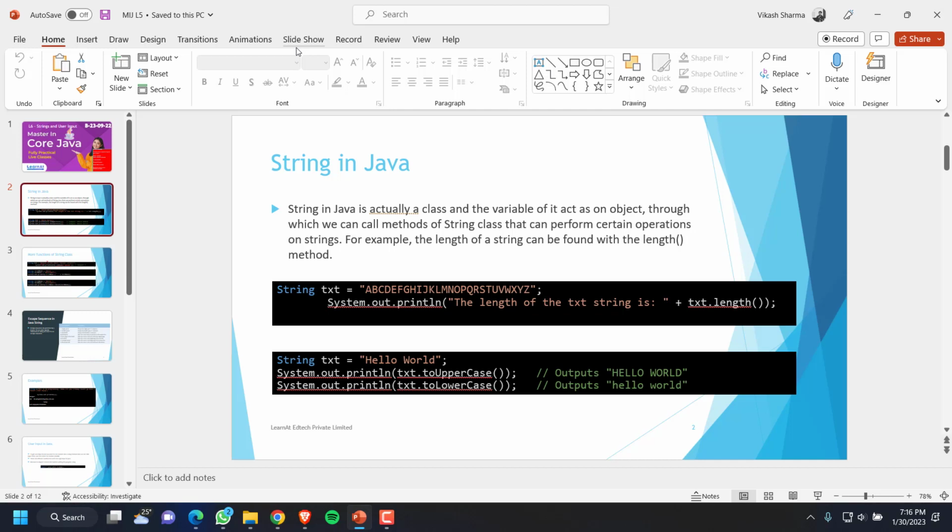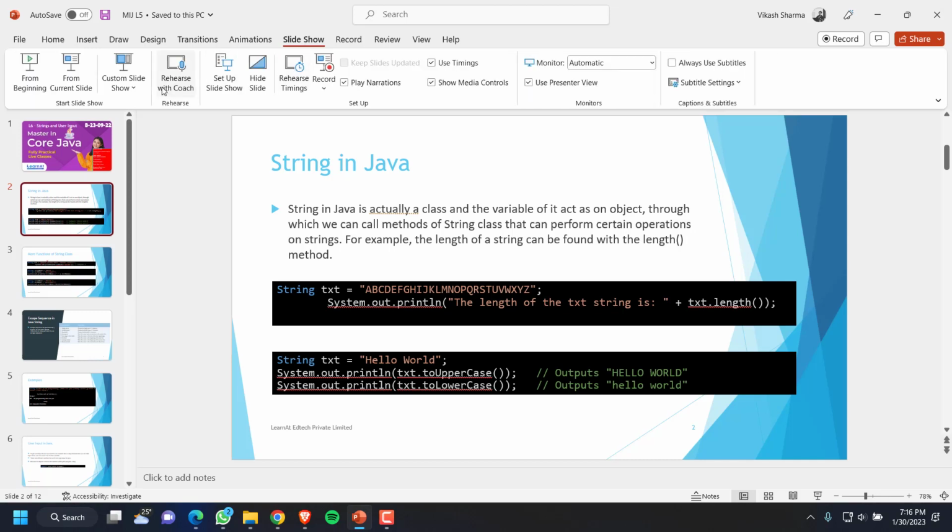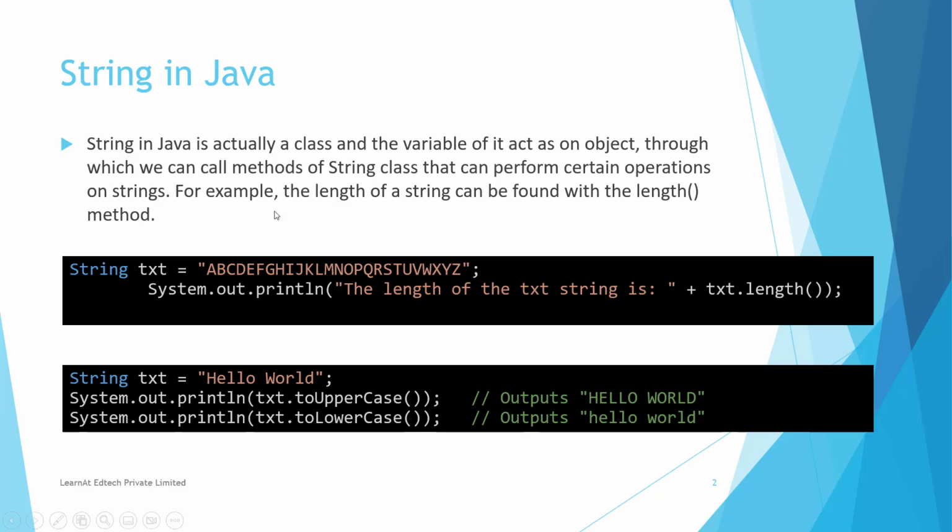Using float, you can declare a variable having decimal values, right? Using string also, you can declare a variable having alphanumeric characters or symbols, right? But there is a difference between string, integer, and other types. So string is a class in Java.